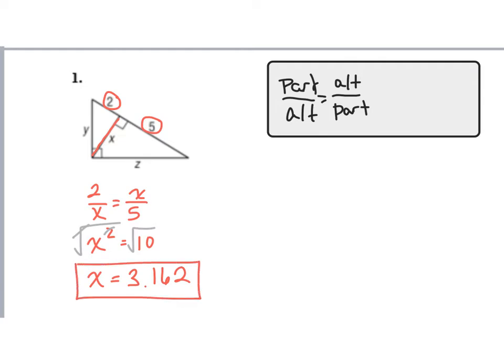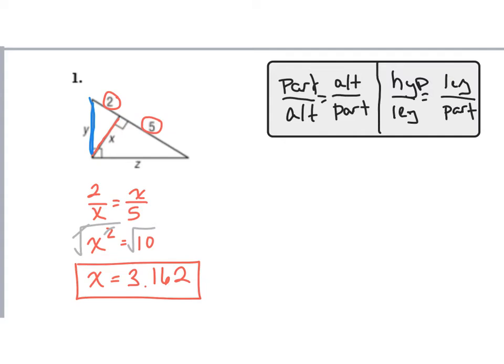Okay, then we want to find y. Y is a leg. So remember my leg formula says the leg is the geometric mean, sorry about that handwriting, between the hypotenuse and the part closest to that leg on the hypotenuse.